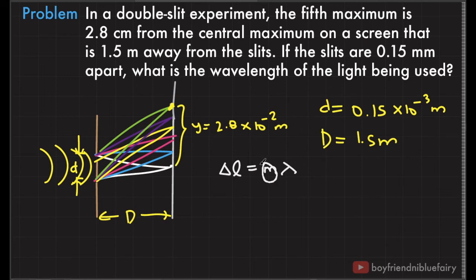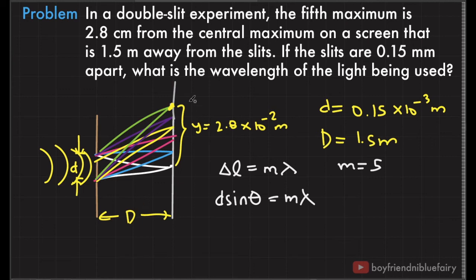If m equals 0, we're looking at the central maximum, or the zeroth order maximum. Since we're dealing with the fifth maximum, m here is equal to 5. Based on our derivation, the path difference is d sine theta equals m lambda.